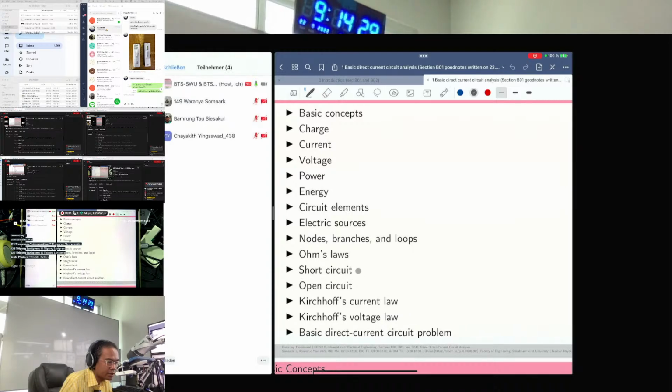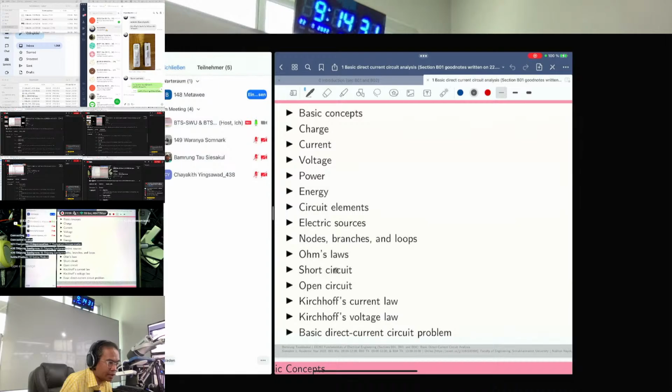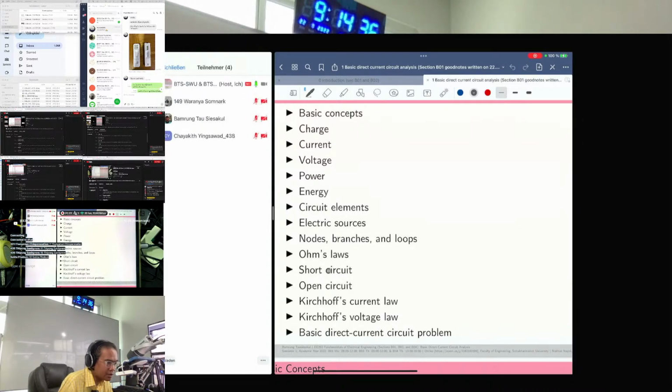Short circuit is a word that you may have often heard, which is dangerous for us, like when a human touches the copper conductor, so there will be current flowing into the human body. But it's not the same meaning.